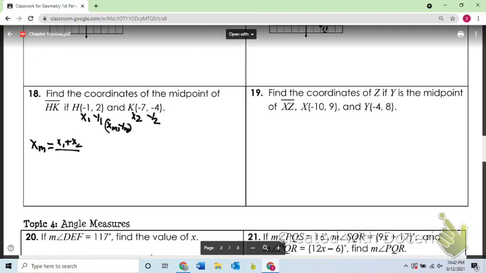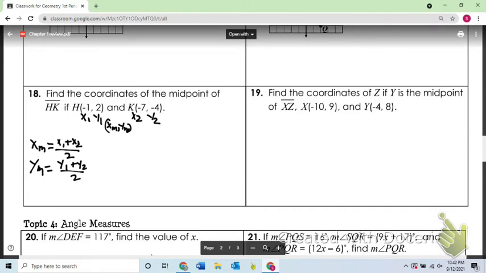So it's x1 plus x2 over 2. The y midpoint is kind of the same thing, y1 plus y2 over 2. And then I just plug in the points that were given to me.